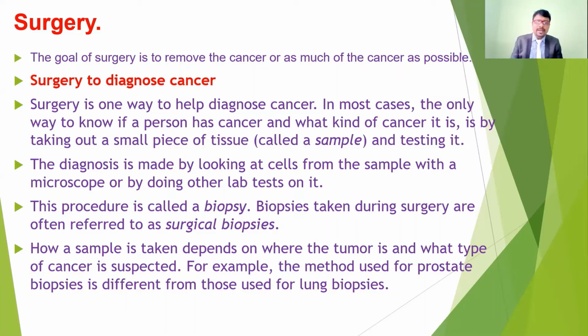How a sample is taken depends on where the tumor is and what type of cancer is suspected, so it is totally different. For example, the method used for a prostate biopsy is different from that used for a lung biopsy, because the structure is different and the method is going to be different.